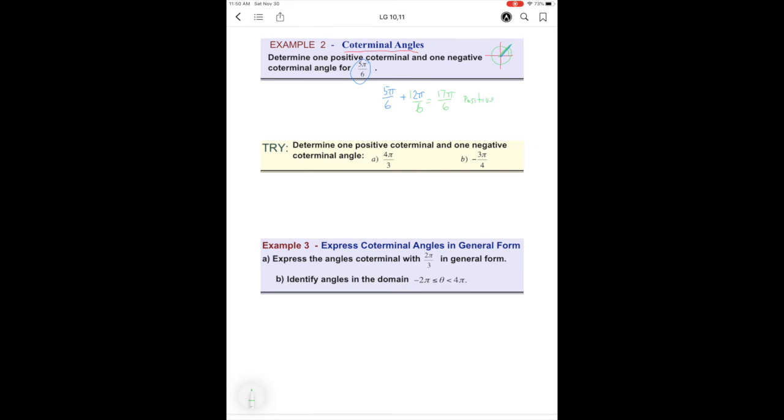That's the positive, because I'm going in the positive direction. Now, if I was to switch over to the negative, I would take the same question and subtract 12 pi over 6, and I get negative, what do I get? Negative 7 pi over 6.